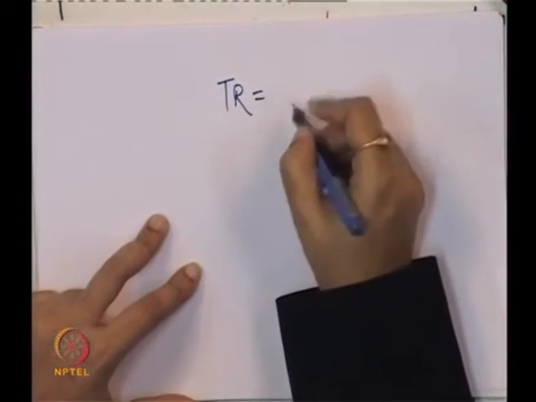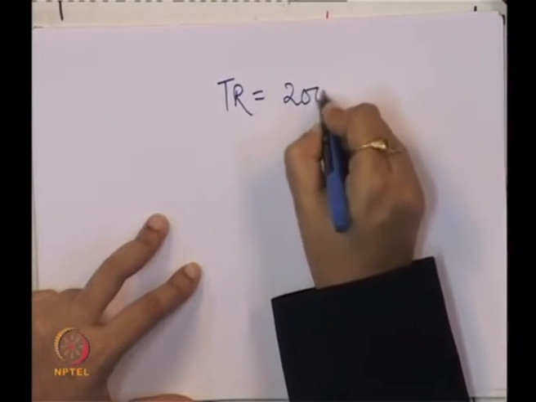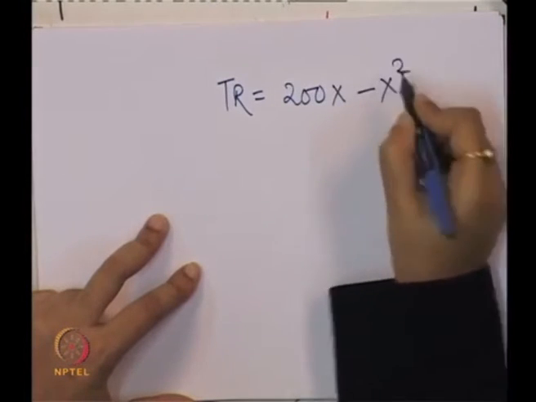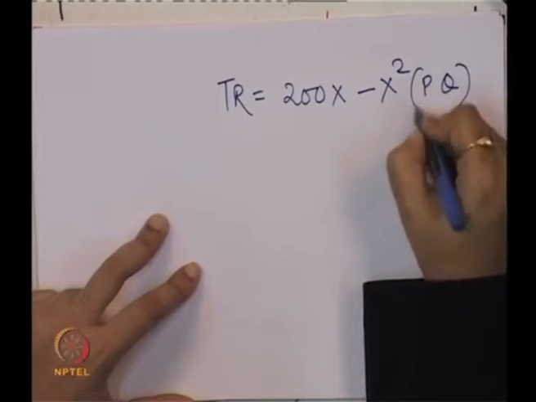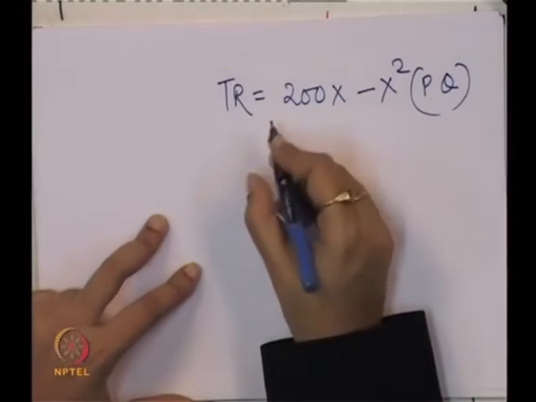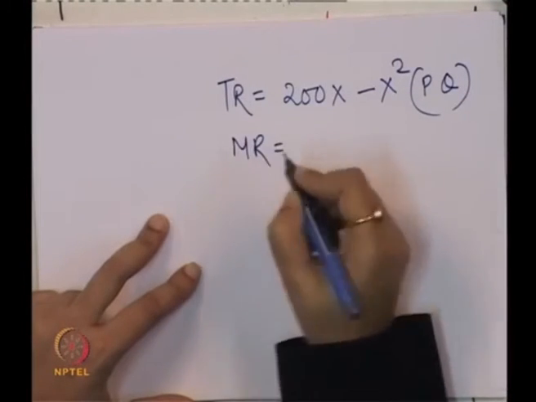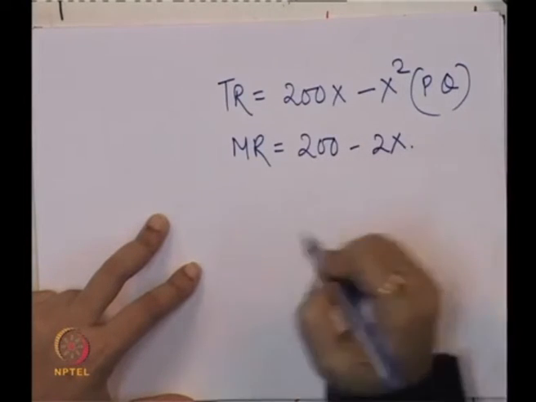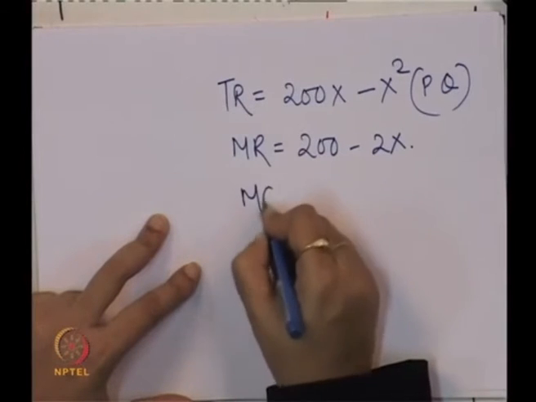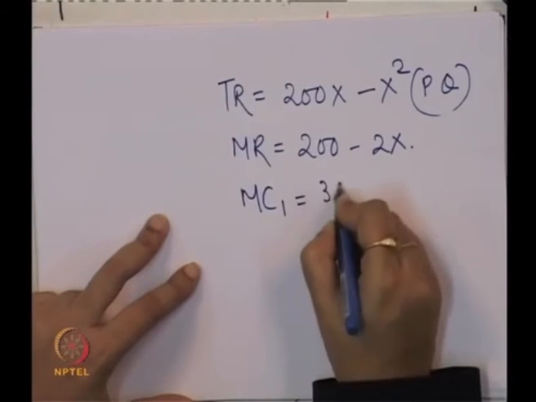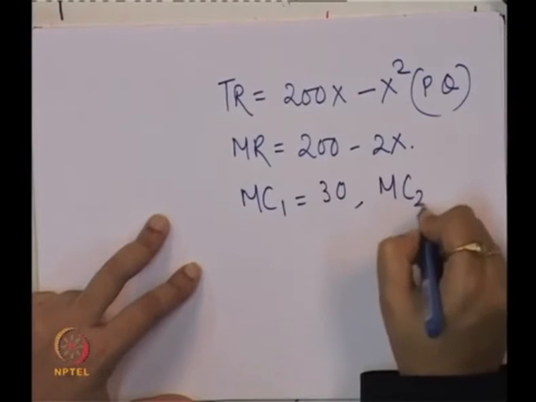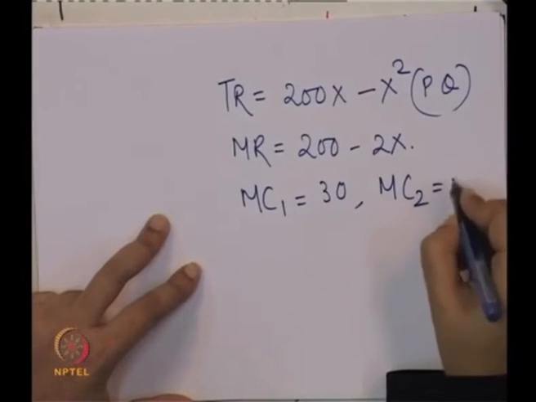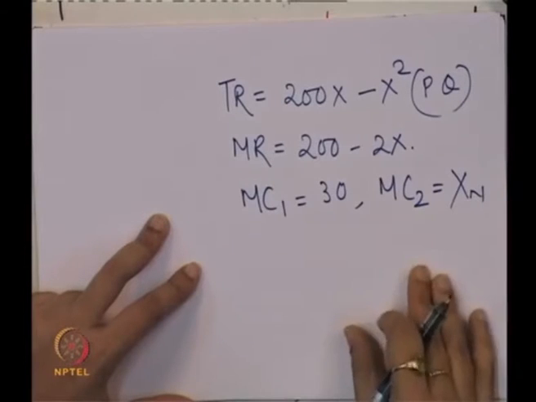Now we have to find the total revenue, and total revenue is 200x minus x square, because this is basically P times Q. Marginal revenue is equal to 200 minus 2x. MC1 is equal to 30 and MC2 is equal to xN.